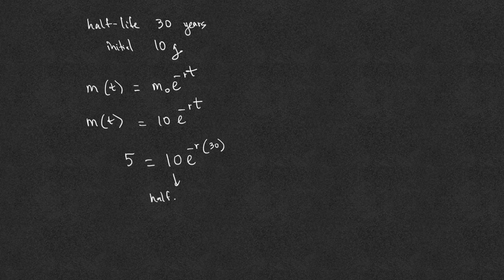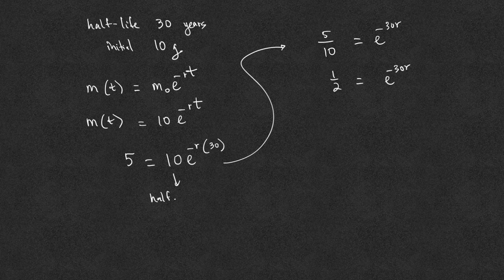To find r, we divide by 10 on both sides of the equation, so 5 over 10 equals e to the negative 30r. This is 1 over 2 equals e to the negative 30r, and so we ln both sides of the equation. The left-hand side is ln of 1/2, and the right-hand side is now negative 30r.